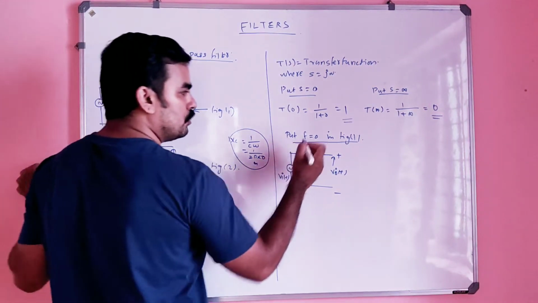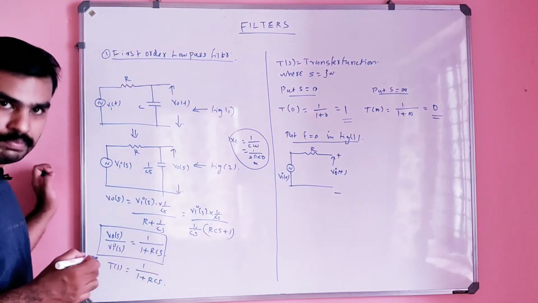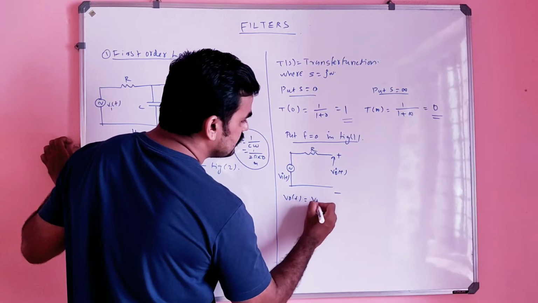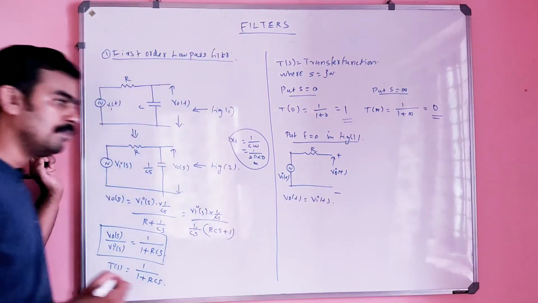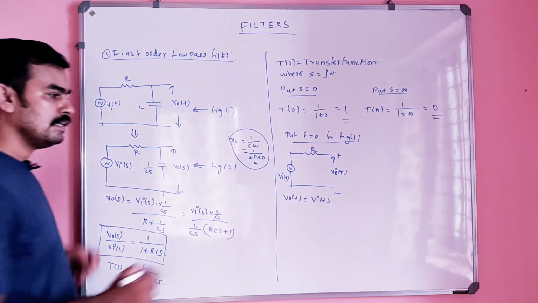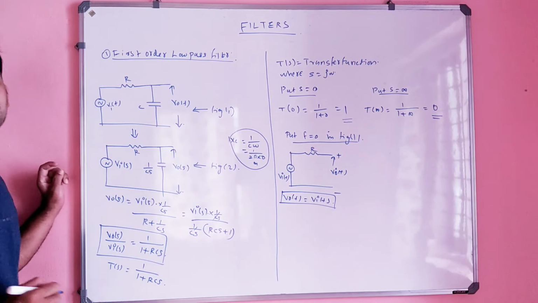For lower frequency or zero frequency, the input is available across the output. The output is simply the input. That means it passes the input to the output, so it's a low pass filter.